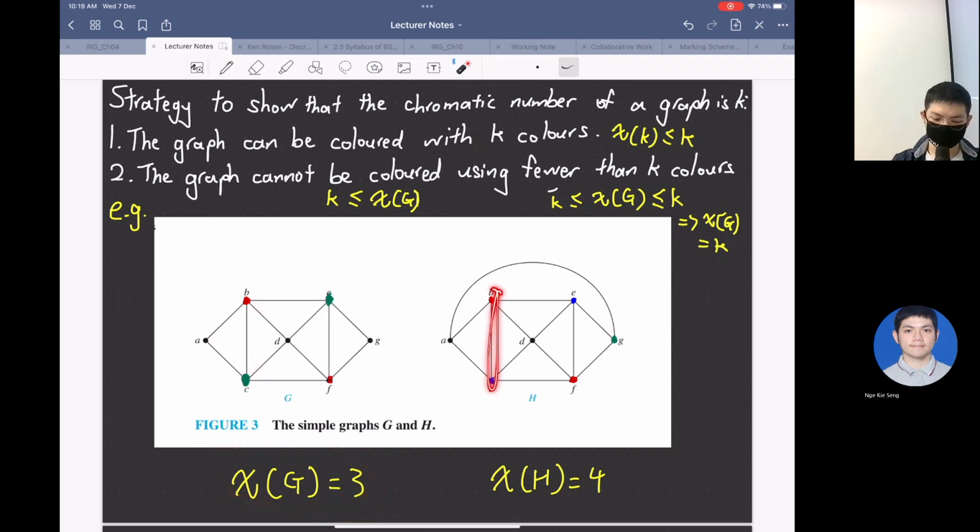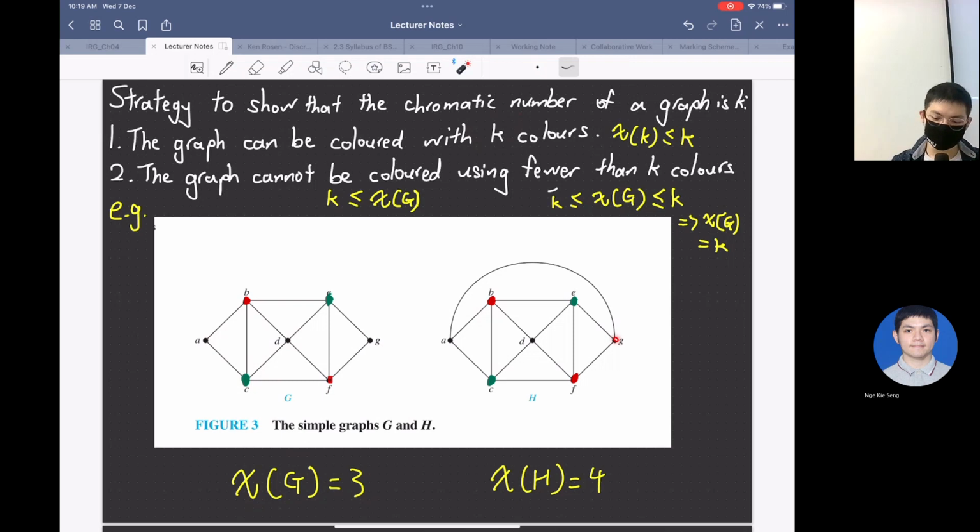How about this graph here? Let's label A as black, B as red, and C as green, and similarly D black, E green, and then F also red, G maybe black.